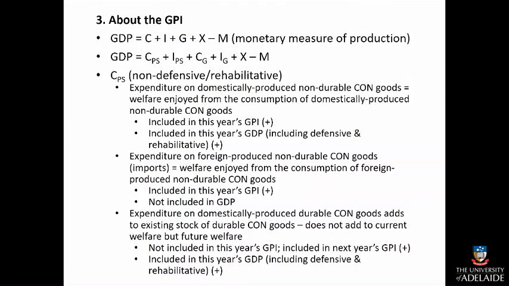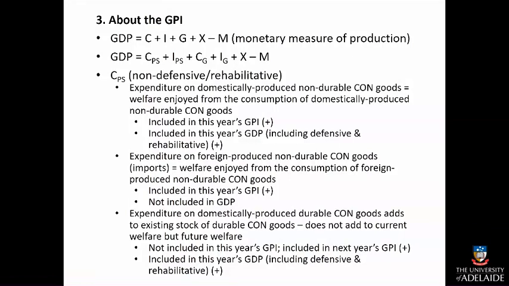Well, any expenditure on domestically produced durable consumption goods is not included in the current measure of GPI for this particular year, but is included in future years. The reason is that it's assumed that when you purchase durable consumption goods, you're just adding to the stock in the present, and then, of course, you use those goods over time and you enjoy the benefits from them.